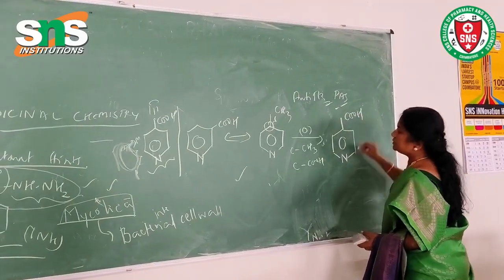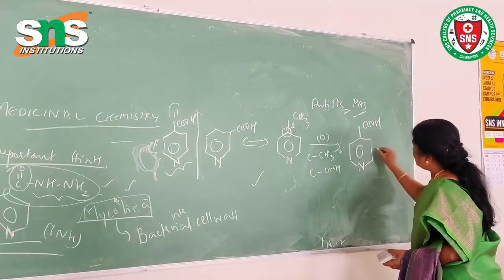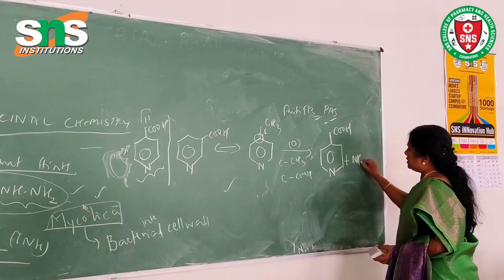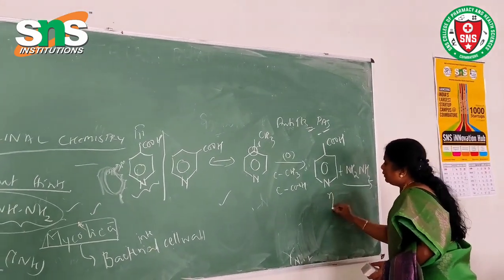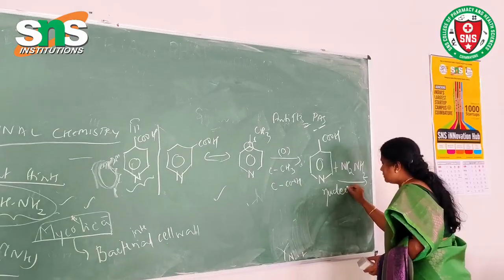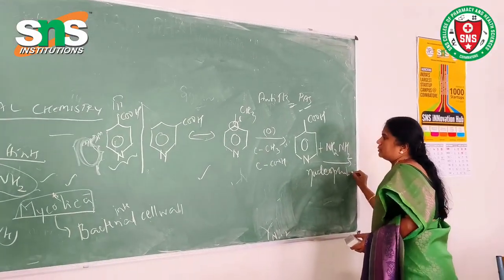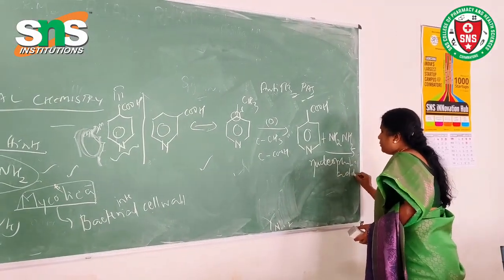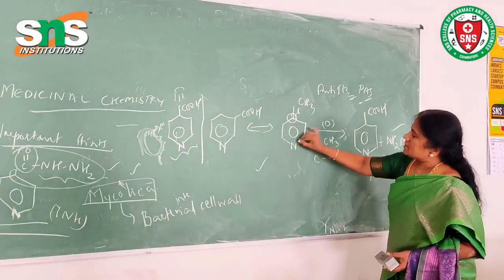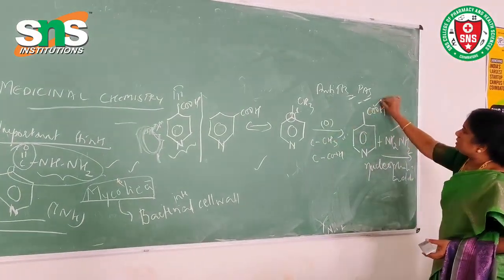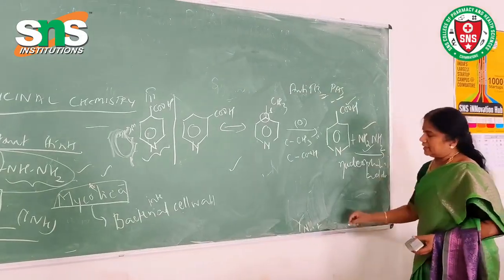Now what we need is an addition with hydrazine. This is nucleophilic addition of a carbonyl compound with nitrogen, ammonia-type compounds. So I repeat: gamma picoline oxidation, then reaction with hydrazine.